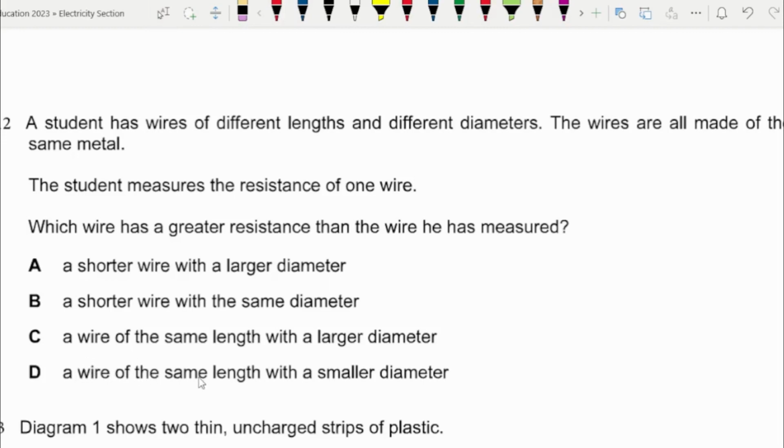So the longer wire, but we don't have the option for the longer wire, so we'll go with the same length, and then we can change the other factor, which is the diameter. In order to increase the resistance, we need to lower the diameter. So for 12, D has to be the right answer.